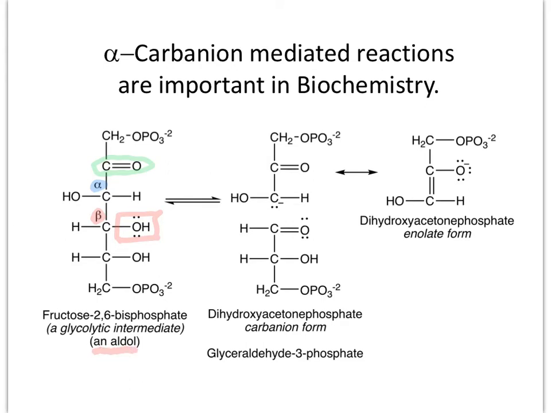And so it can be the product of an aldol reaction. And so we can also then reverse the aldol reaction. If the stabilized carbanion can act as a nucleophile, then at least under the conditions that enzymes create in biological systems, that stabilized carbanion can act as a leaving group.